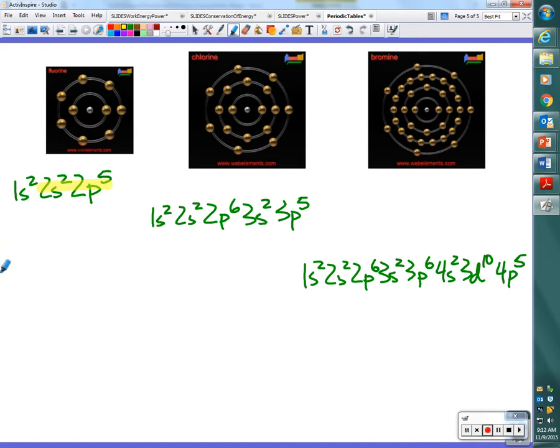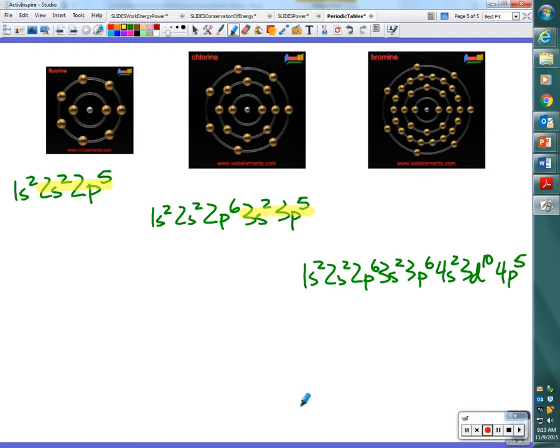There are 7 electrons total. Does that make sense? Okay? Let's apply it to chlorine. Chlorine has how many electrons total? 17. How many valence electrons does chlorine have? 7. Okay? Good there?